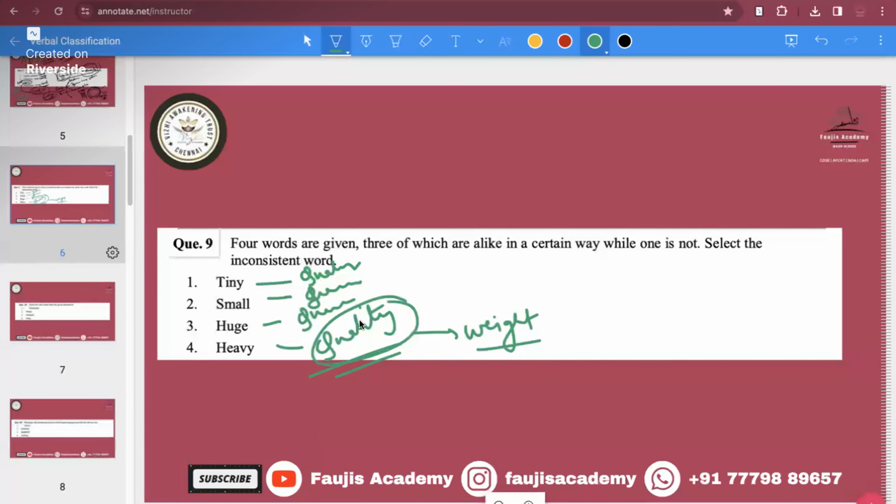It's a quality of anything, let's say an elephant, a human being, or the grains that you buy, the pulses, the cereals that you buy. Anybody, any doubt why we have chosen heavy and not huge? Anybody, any doubt, guys?